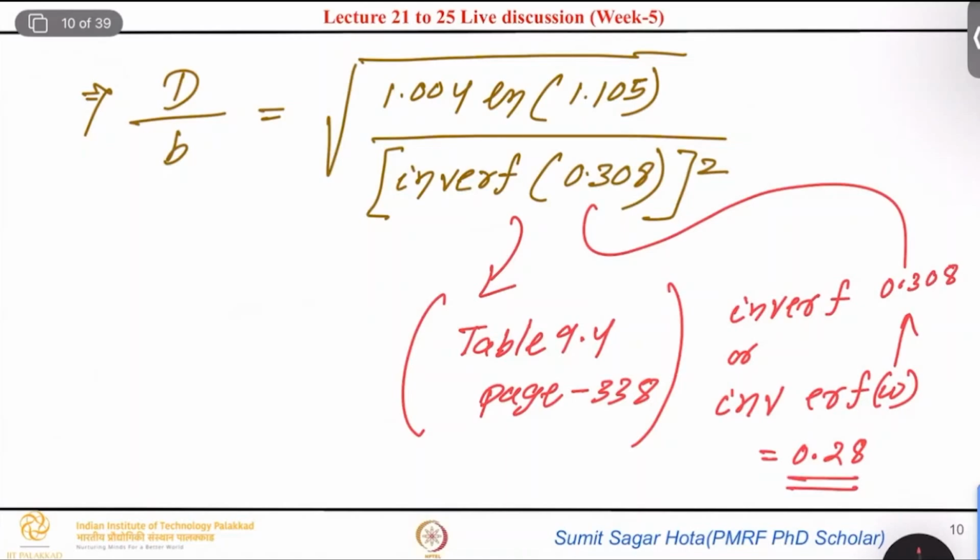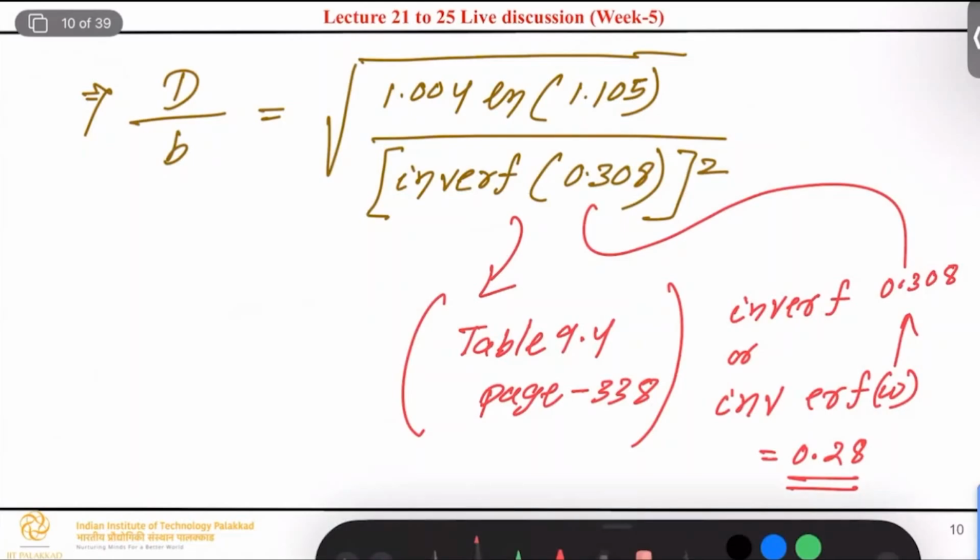So when you calculate, the inverse error function of 0.308 comes out to be 0.28.